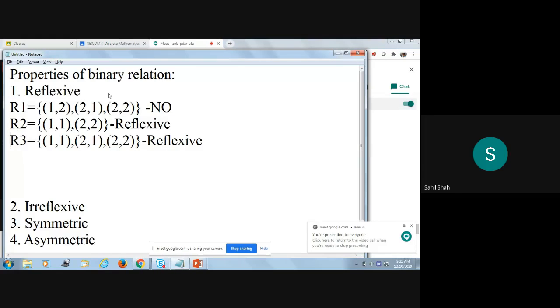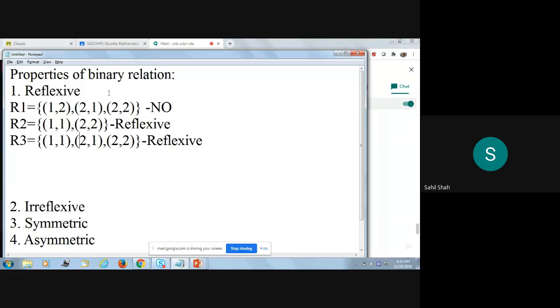In case of a reflexive binary relation, we are interested in having a pair of element with itself, and we may have any extra pairs that we are not interested in. We will check if the self pairs are present. If so, we will treat it as reflexive.